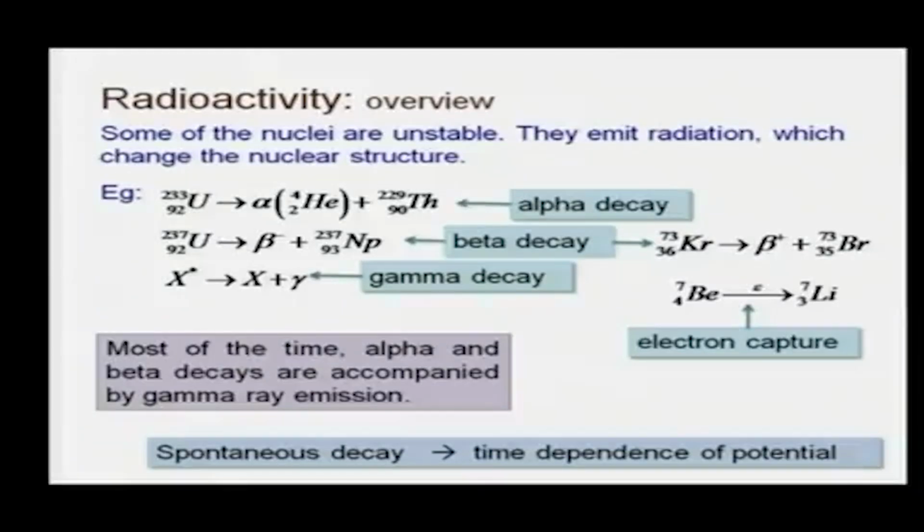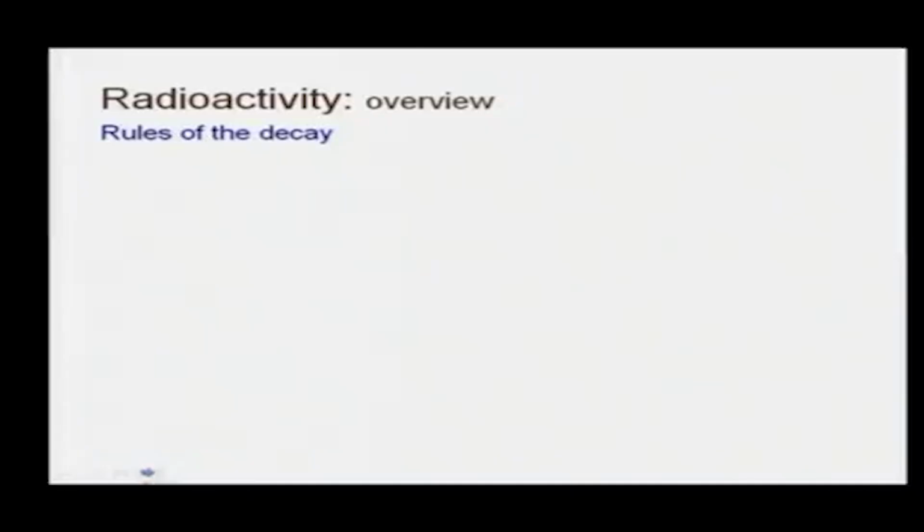We will not go into the quantum mechanics of the spontaneous decay, but rather we will consider some common properties of the radioactivity itself, basically mostly derived from experimental observations. So, let us look at some of the common properties of radioactivity.